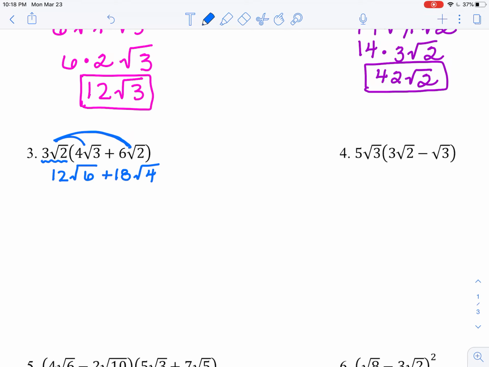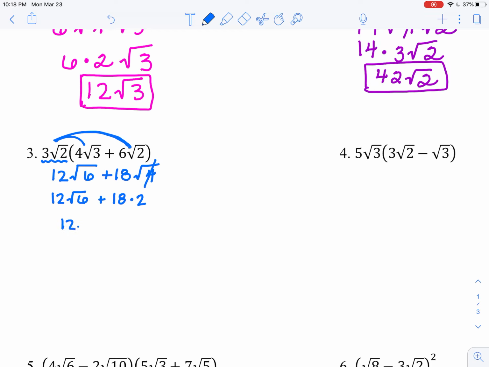Then we look to see if we can simplify any of the radicals. 12 root 6 cannot be simplified anymore. There is no perfect square that goes into 6. But when I look at the second term, 4 is one of our perfect squares. The square root of 4 is 2. So when that plain old 2 comes out, it gets multiplied by the 18 that was already out front.